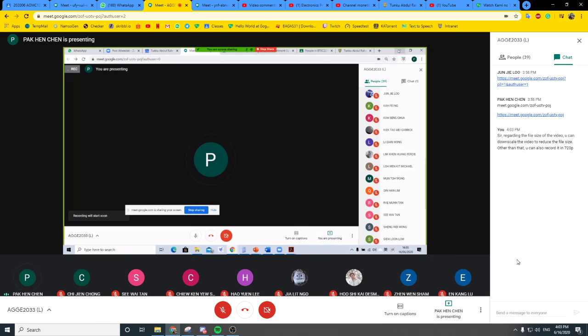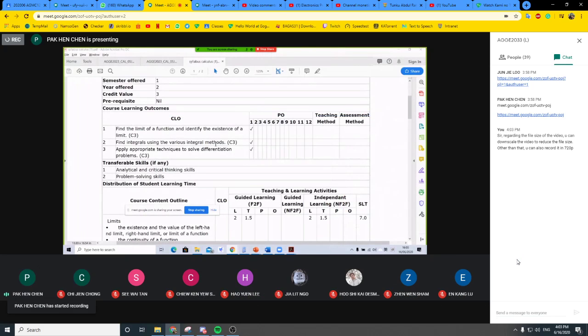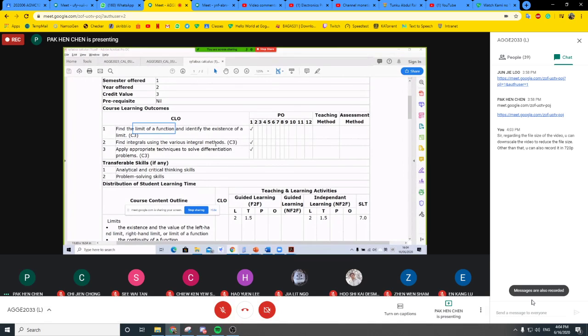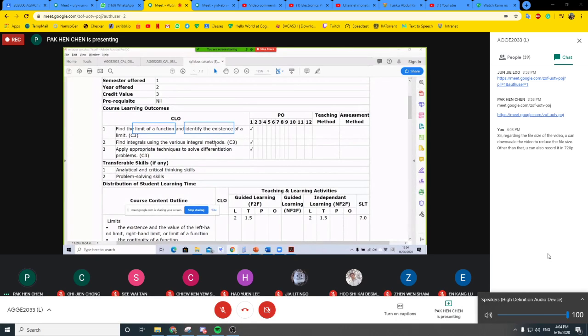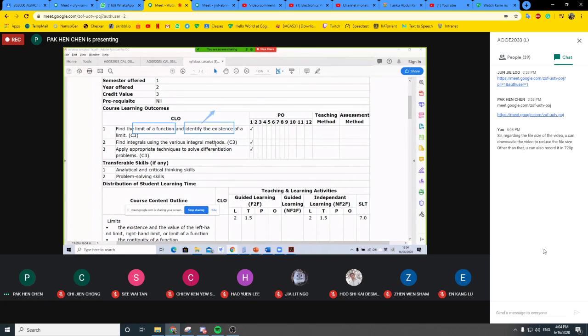Basically in this course, we have three learning outcomes. The first one is to find the limit of a function and also identify the existence of the limit. That will be the first topic, for the first week.